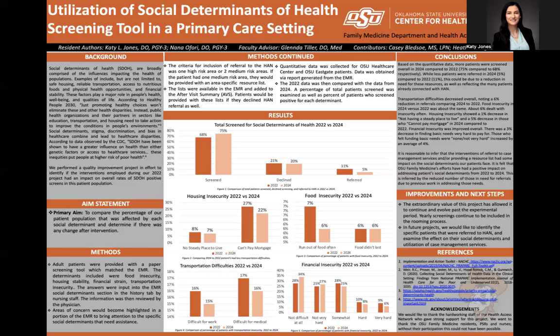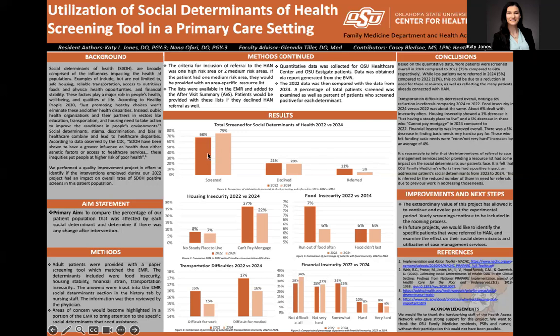This data was collected from our OSU Healthcare Center as well as our OSU Eastgate patients. And then we were able to pull that data and put it into these charts just to see if there were any changes, improvements, and what specific areas seemed to have the highest difficulties. So when you look here at our data, we looked at the total screened patients of 2022 and 2024.